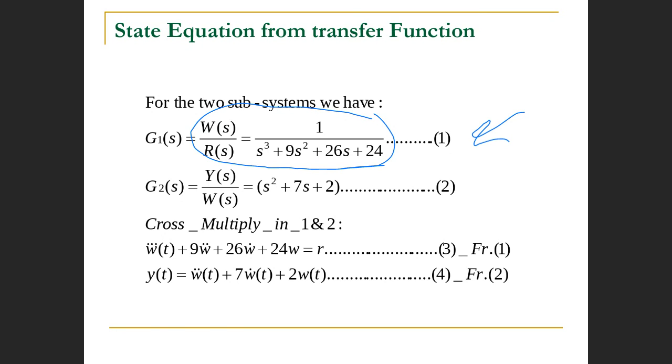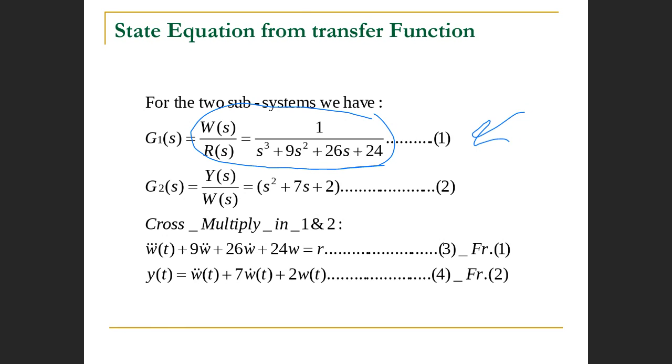So I cross multiply, what would we get? We'll get W of S times S cubed plus W of S times 9S squared plus W of S times 26S plus W of S times 24, equal to R of S.